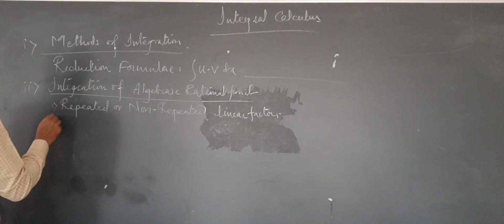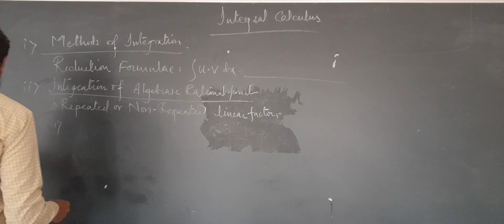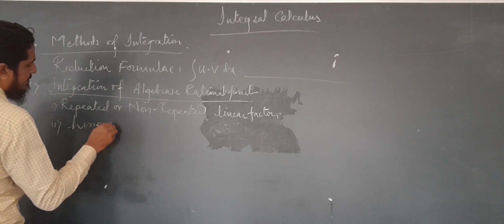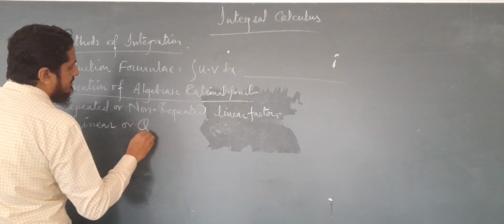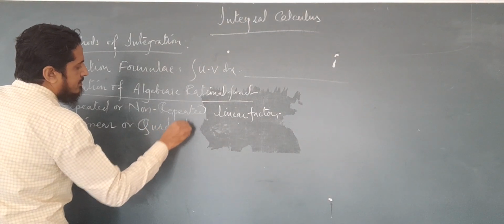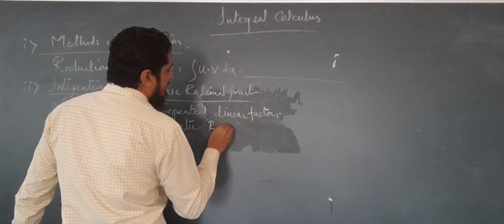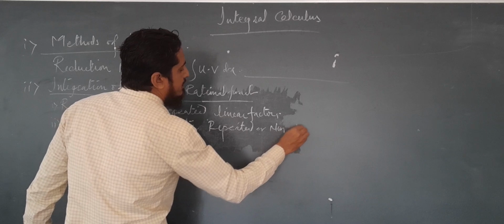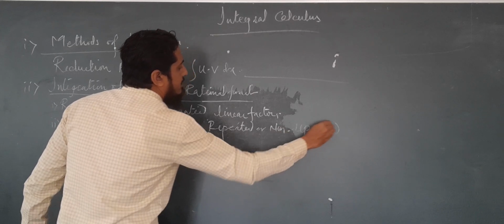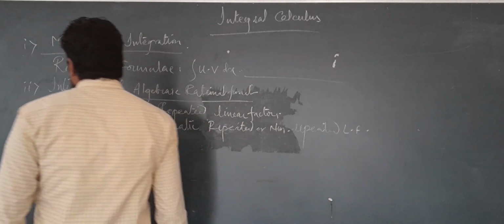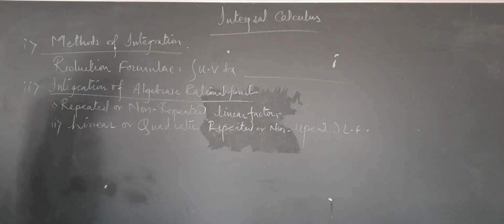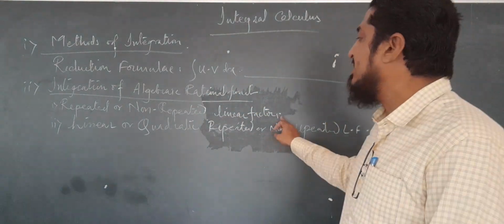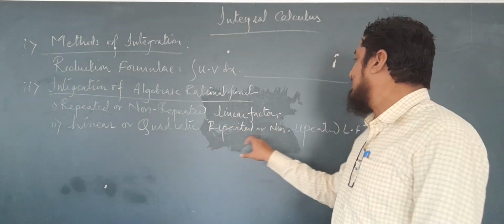The first one, and the second one we will see linear, quadratic, repeated or non-repeated. In the second chapter, integration of algebraic rational function, we will see repeated or non-repeated linear factors, and linear or quadratic repeated and non-repeated factors.